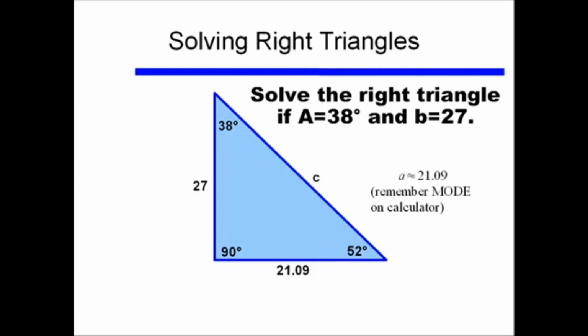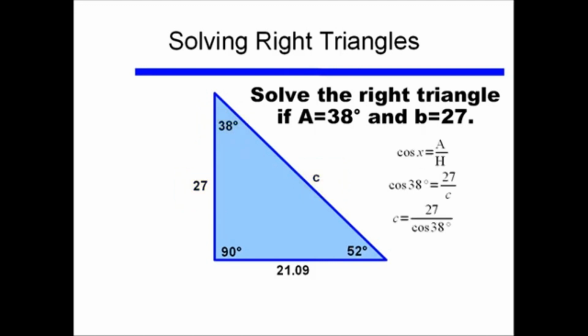And lastly, we have this length of the side c. There's different ways of solving for the side c, but I like to stick with the items I was given in the problem. That is, I was given 38 degrees and the length of that one side, 27. So if I want to stick to using those two numbers that I have, I can remember that cosine of an angle is equal to the adjacent side divided by the hypotenuse.